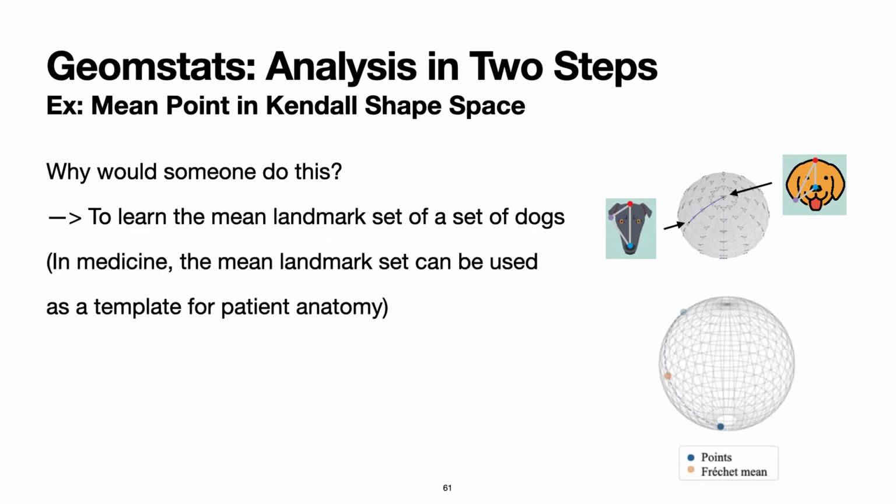One example is to learn the mean landmark set of a set of dogs. Like you can do this if you have 5 dogs, 10 dogs, 2 dogs, whatever. I'm sure that you can all think of examples in your own research, but in medicine, the mean landmark set can be used as a template for patient anatomy.